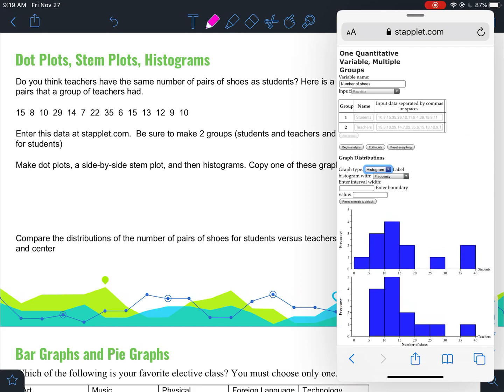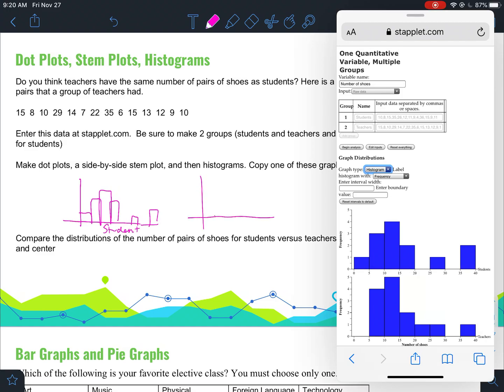So again, the teacher data looks more like it levels off nicely compared to the student data, which clumps and then goes to nothing. So if we looked at the histograms, the student data looks like this. So this is student.